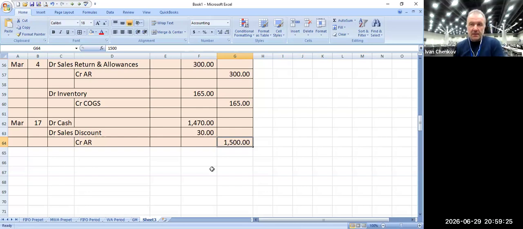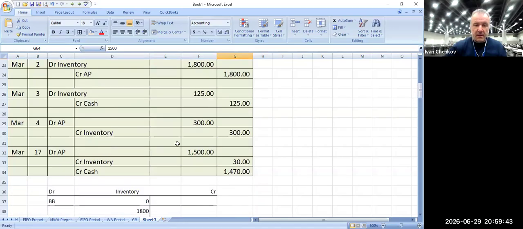The cash that one company sends us as a payment comes as cash to the other company as a payment. So one company debits cash, the other company credits cash. One company credits accounts receivable, the other company debits accounts payable.